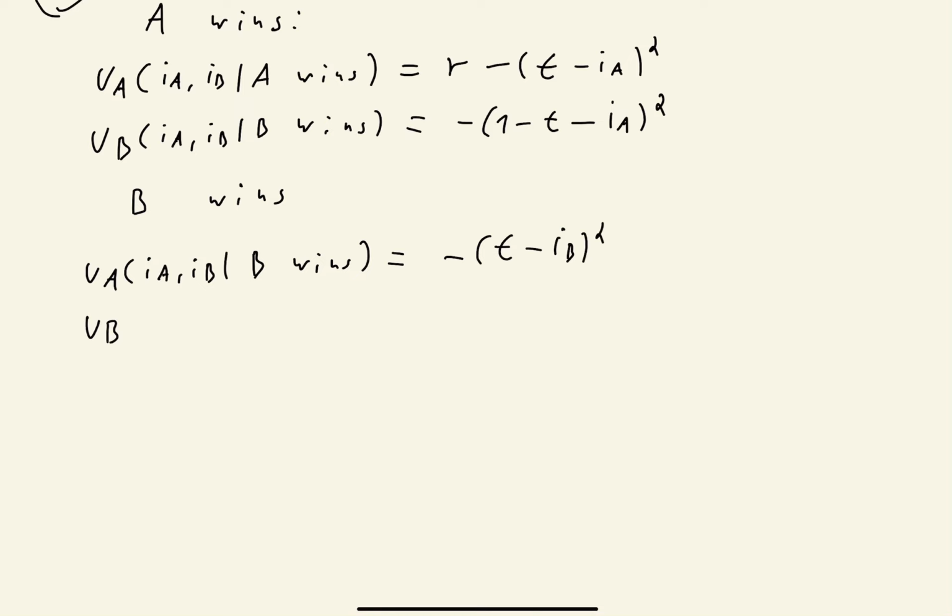The utility of B, conditional on B winning, is given by R minus (1 minus T minus IB) to the power of 2. Okay, so those are the two cases which can happen and the according utilities.